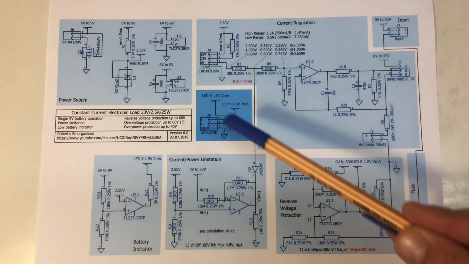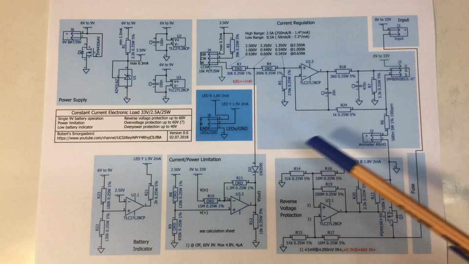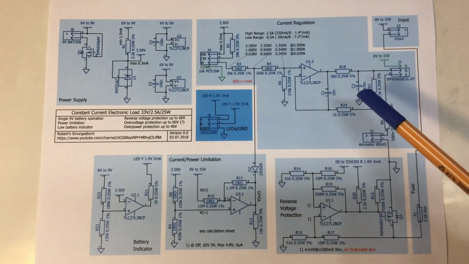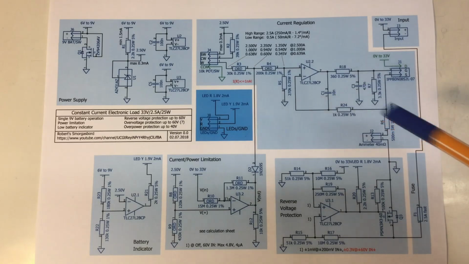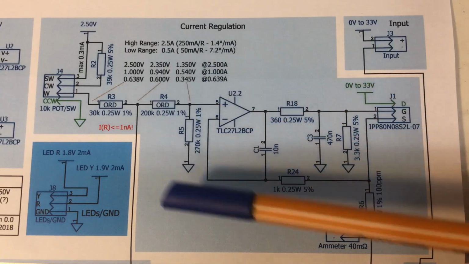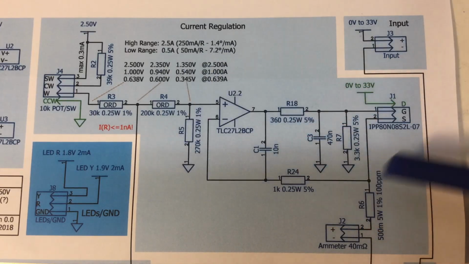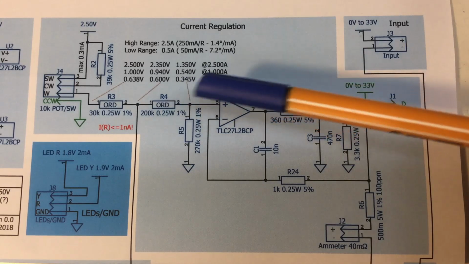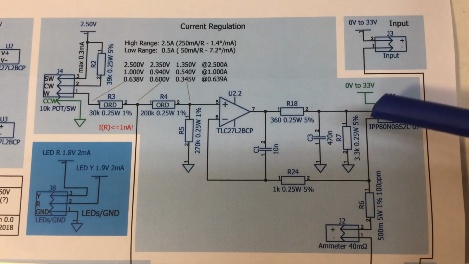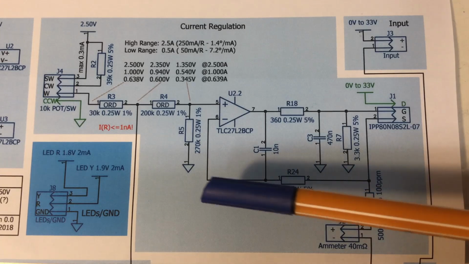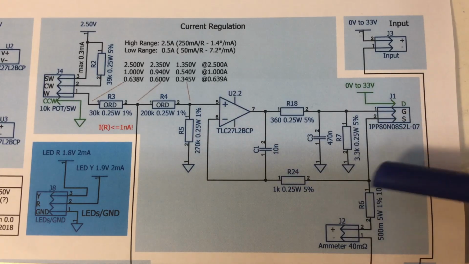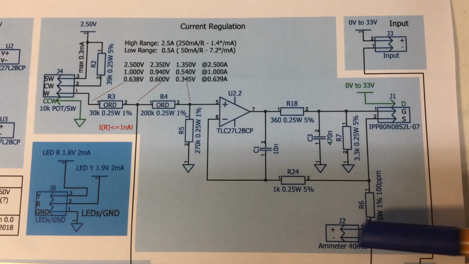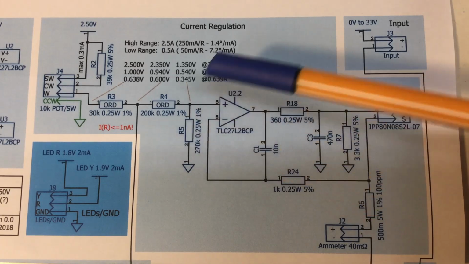So the culprit is clearly somewhere here in the current regulation. So let's zoom in. So our current regulation itself with the op amp, my set voltage coming in here and my feedback voltage coming here over my shunt resistor, including the 40 milliohms in the ammeter.